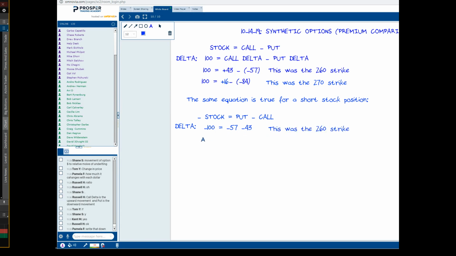Okay, and then the same for the 270 strike. Minus 84 delta on the put, minus 16 on the call. Okay, so there's the relationship from a delta standpoint. The synthetic relationship of calls, puts, and stock.